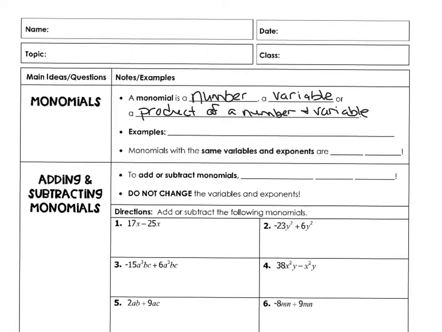Okay, so 3 is a monomial. X is a monomial. 3 times x is a monomial.